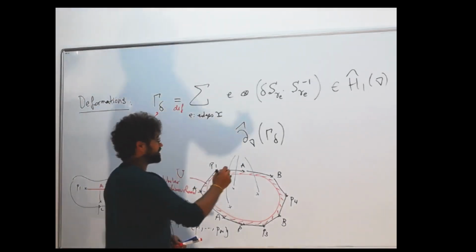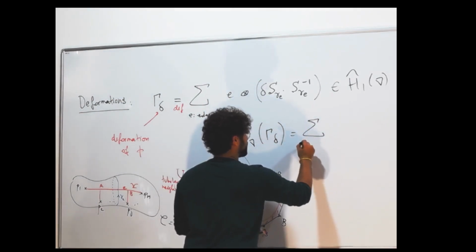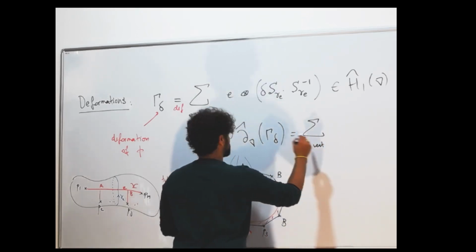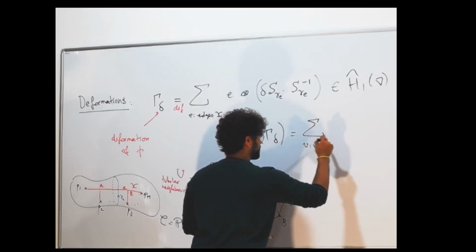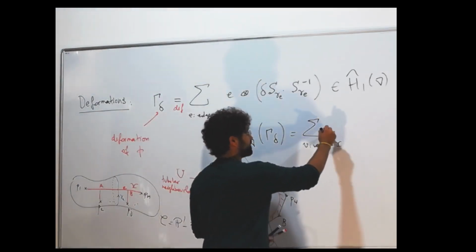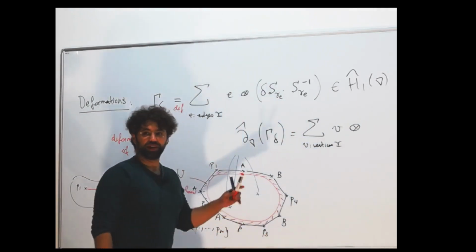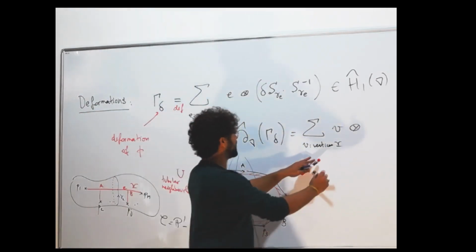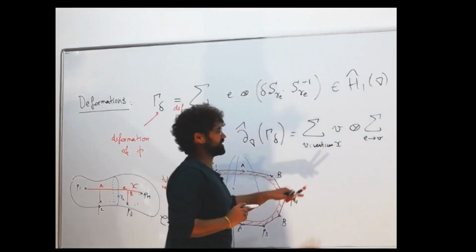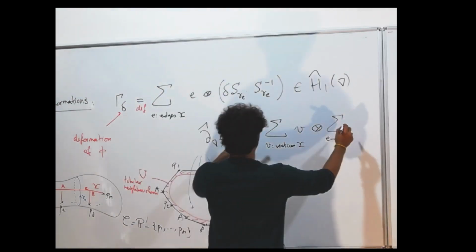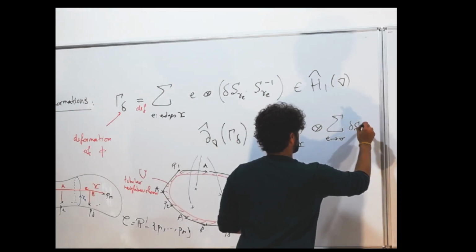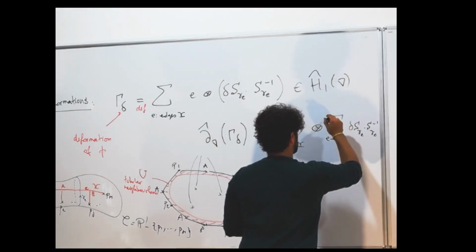So this becomes the sum over the vertices V of gamma V tensor. This looks like the one we had before. Now it becomes a sum of all the edges adjacent to the vertex of gamma E dot S gamma E minus 1.